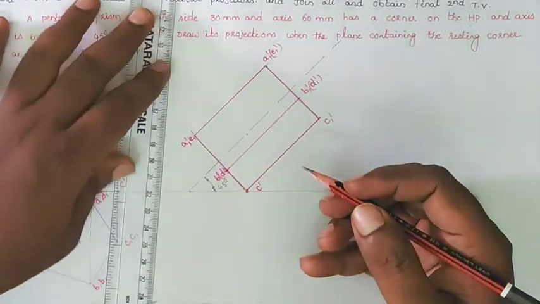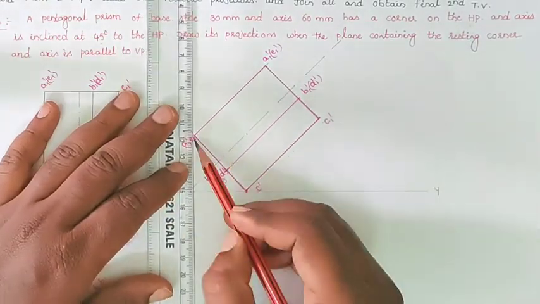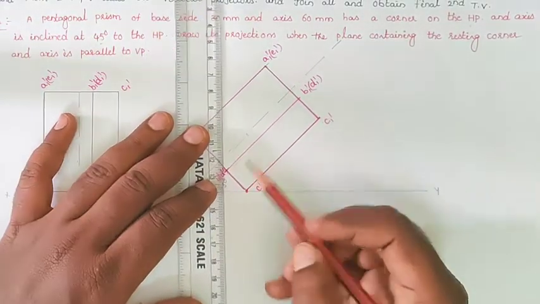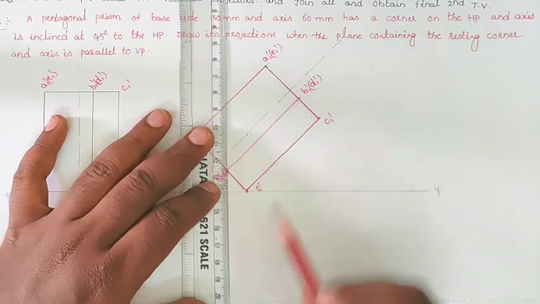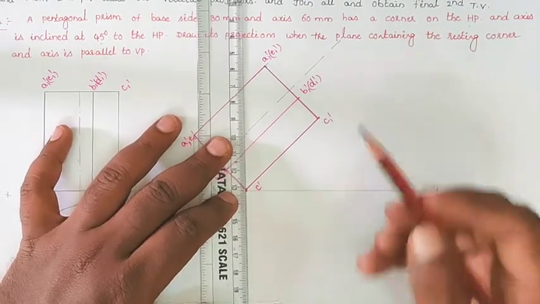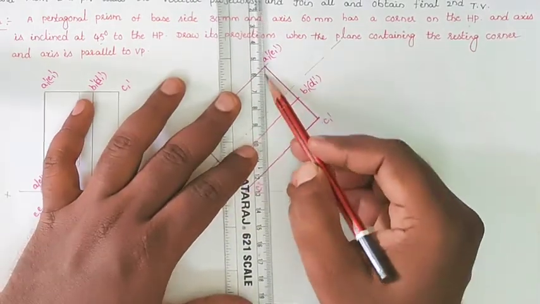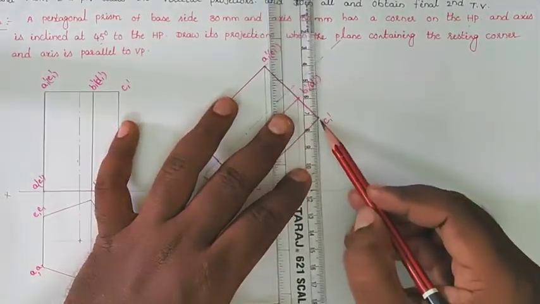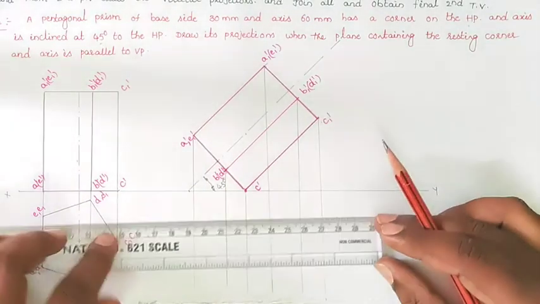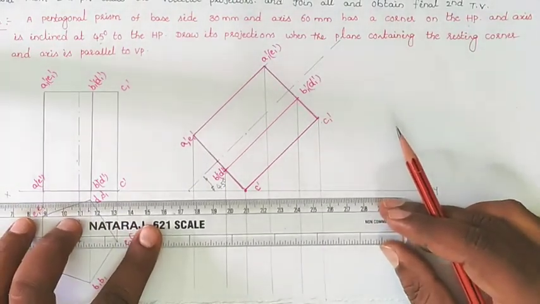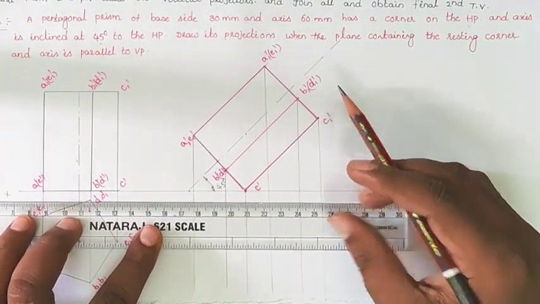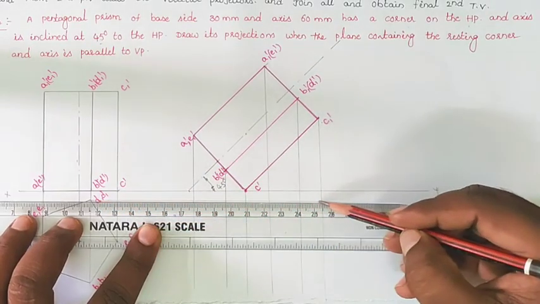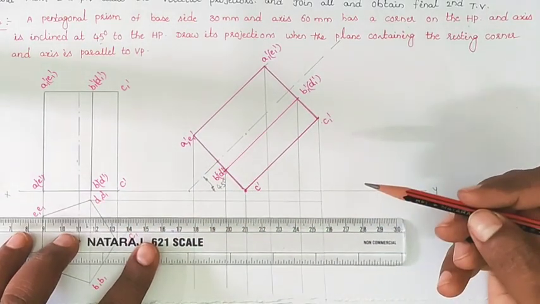After drawing the second front view, draw the vertical projection lines from the points on the front view. Similarly, from the first top view, draw the horizontal projection lines.